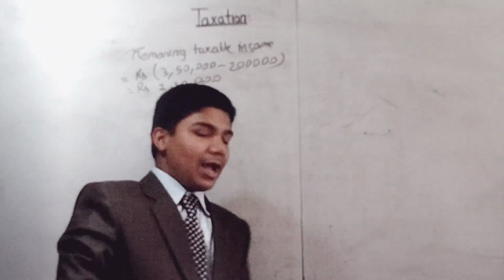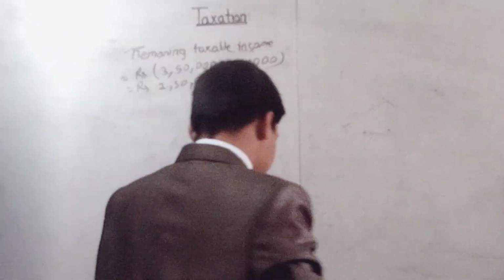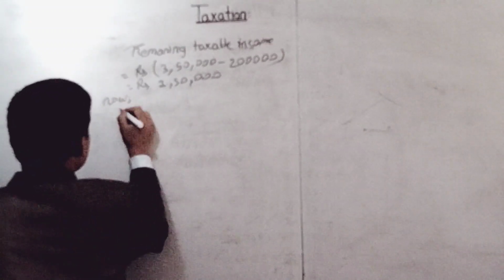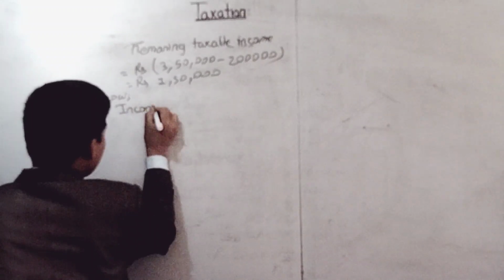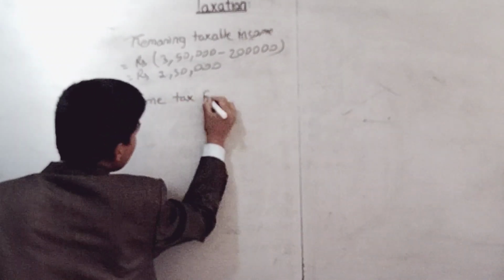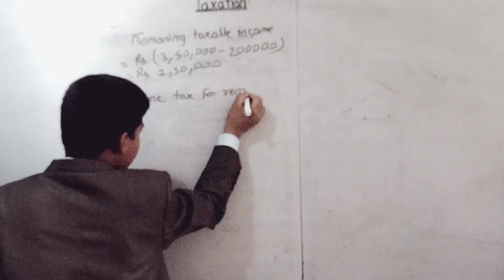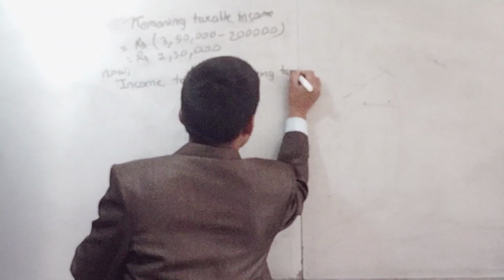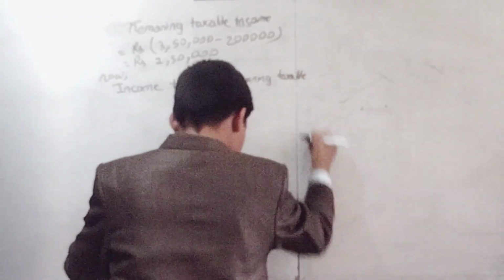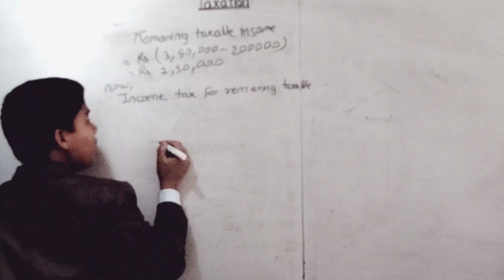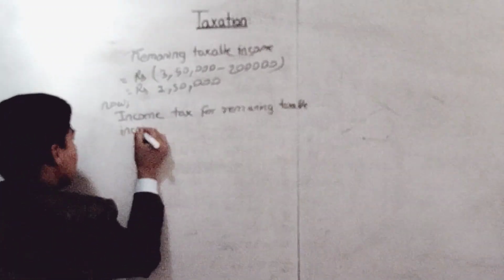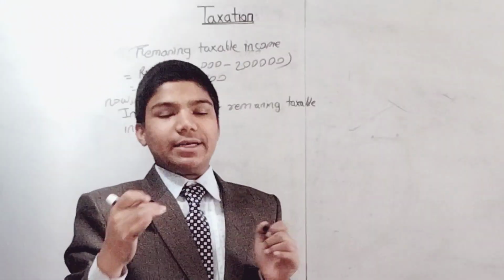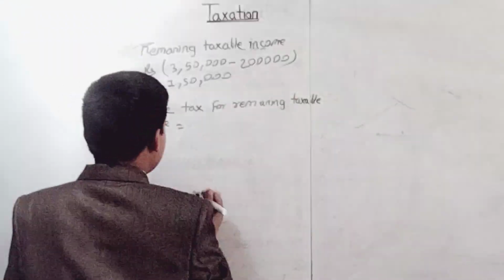Now after this, we have to find income tax for remaining taxable income, for which we have the formula rate of tax into taxable income.